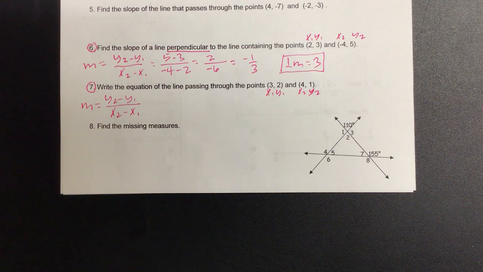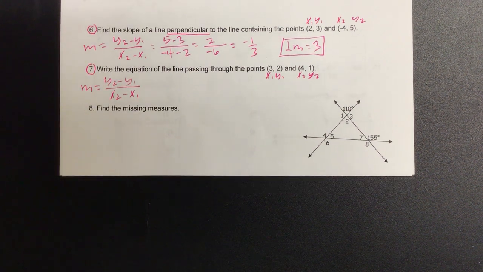Okay, let's find the slope real quick. Plug it in just like number 6 and simplify it. And you should get a negative number, right? What negative?